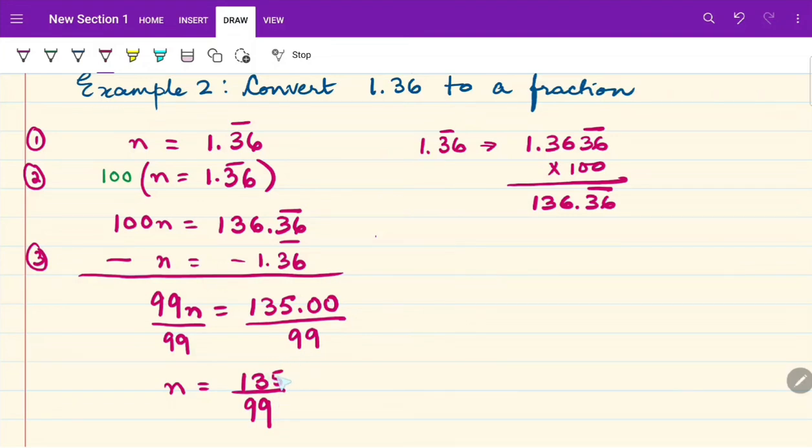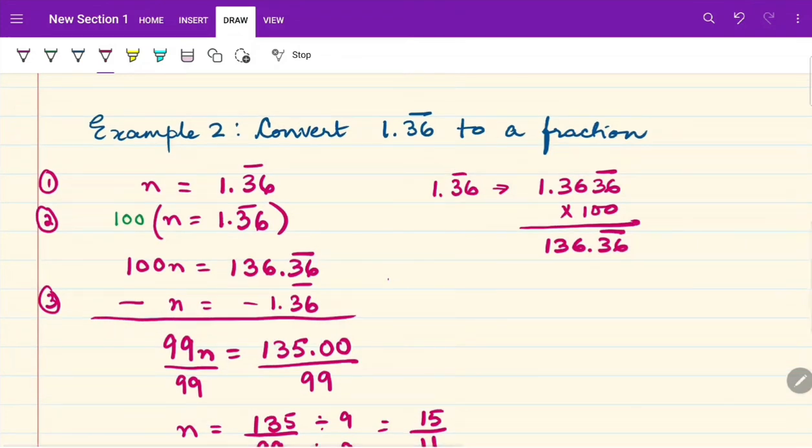So if you divide 135 by 9 and 99 by 9, we can reduce it to its lowest terms. You will end up with 15 over 11, and that is the fractional form of 1.36 bar.